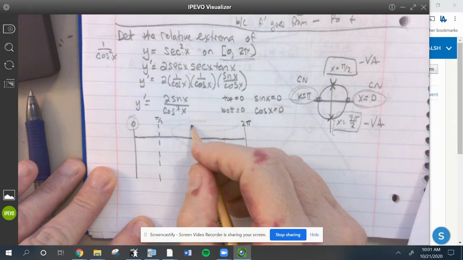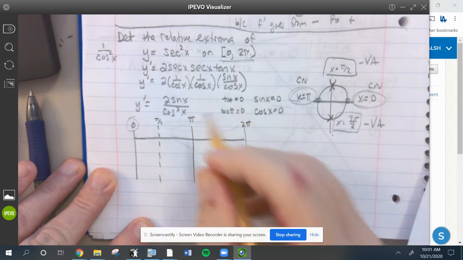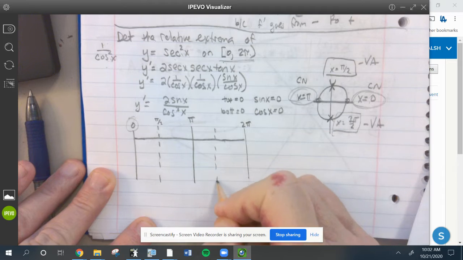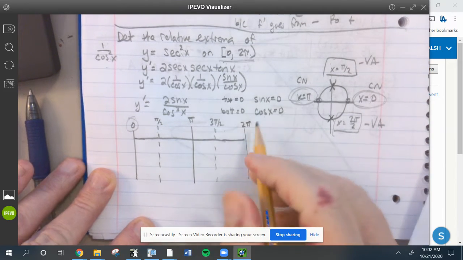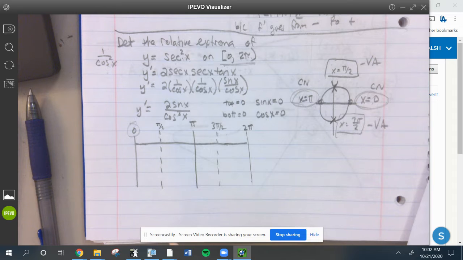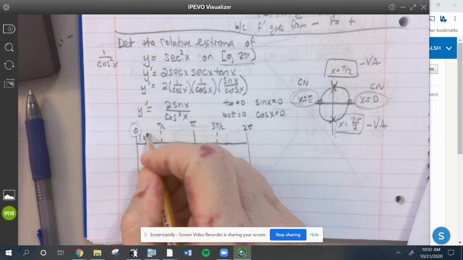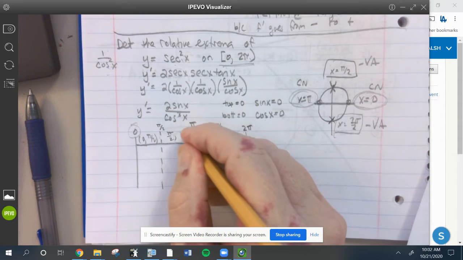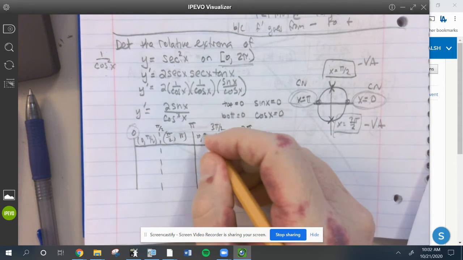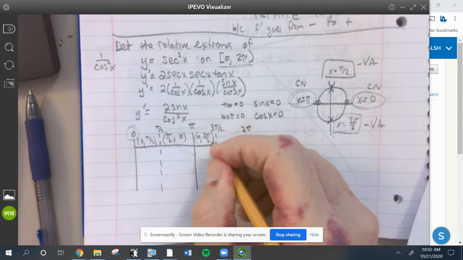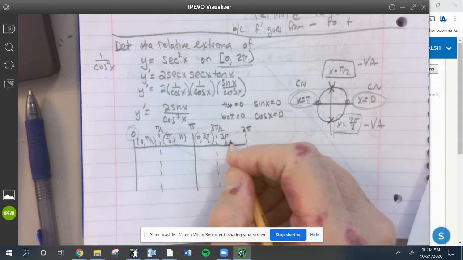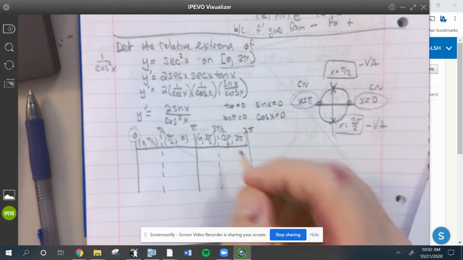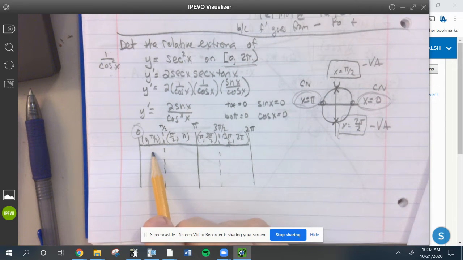Pi, that's a critical number. 3 pi over 2, that's an asymptote. And 2 pi is also a critical number. In these areas, we have to figure out what to use.